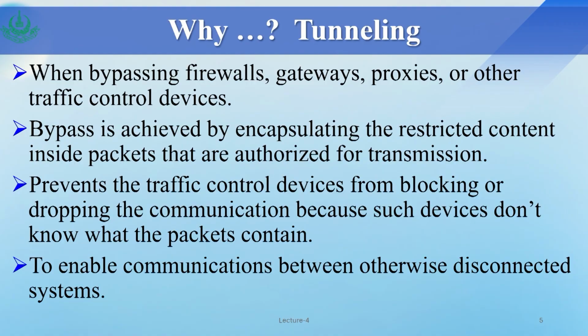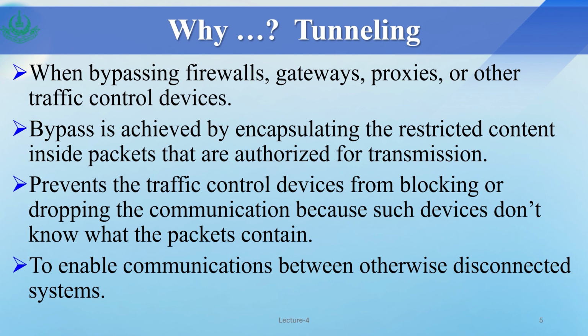Why do we use tunneling in communication or data transmission? When bypassing firewalls, gateways, proxies, and other traffic control devices like IDS, and in penetration testing. Bypassing is achieved by encapsulating the restricted content inside packets that are authorized for transmission by the information system management.